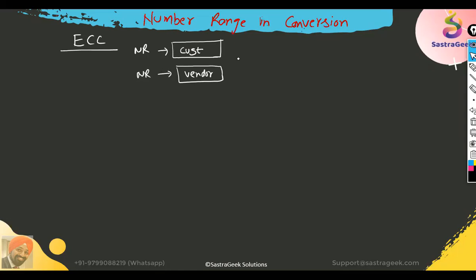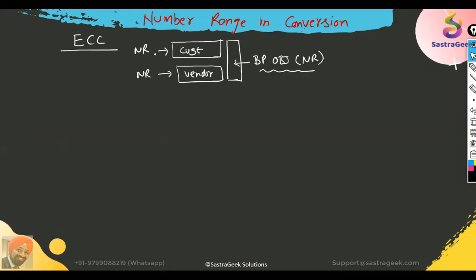But in S/4HANA, what we are going to do is combine them into a single object, which will have a single number range. You need to keep that concept in mind, because of that we get a lot of issues.